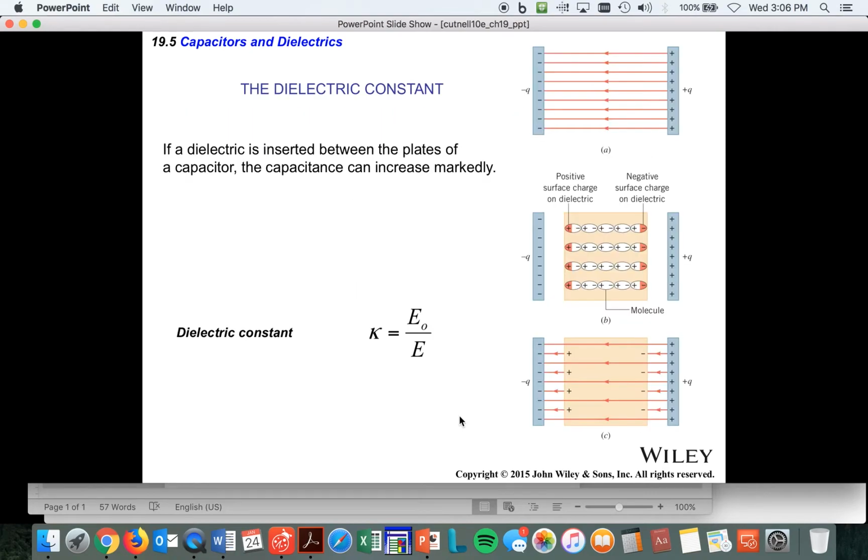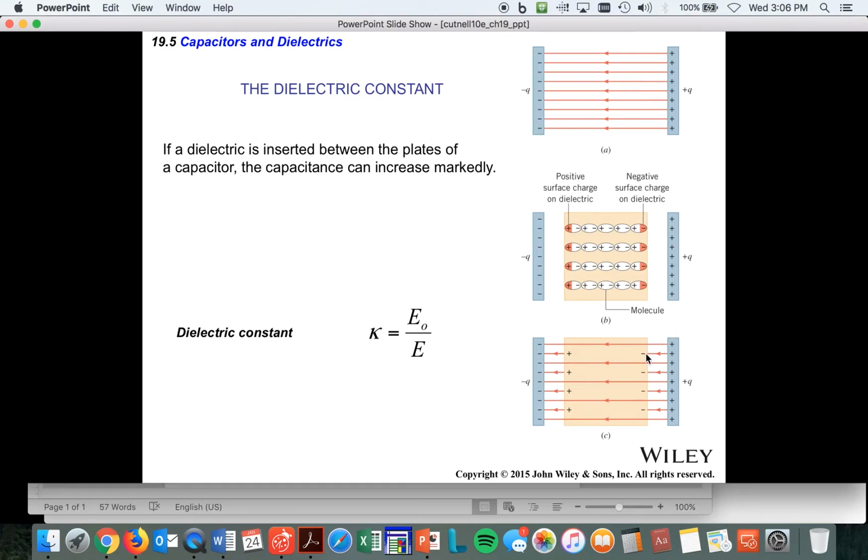All right, so now, dielectric constant. What we do is we put something that is non-conductive and slide that in there, and here's what happens. The positive charge surface on the dielectric lines up with the negative charge surface over here, and the negative charge surface lines up with the positive charge surface over here. So look what happens.